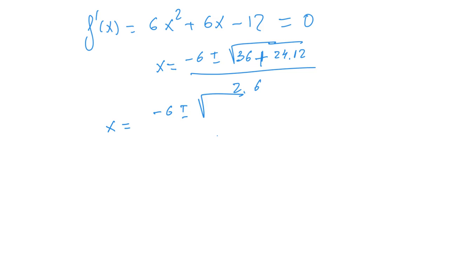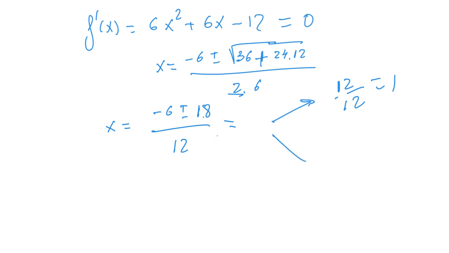So it's minus 6 plus or minus 18, divided by 12. Minus 6 plus 18 is 12, divided by 12, so it's 1. And minus 6 minus 18 is minus 24, divided by 12, which is minus 2. So the two critical points are x equals 1 and x equals minus 2.